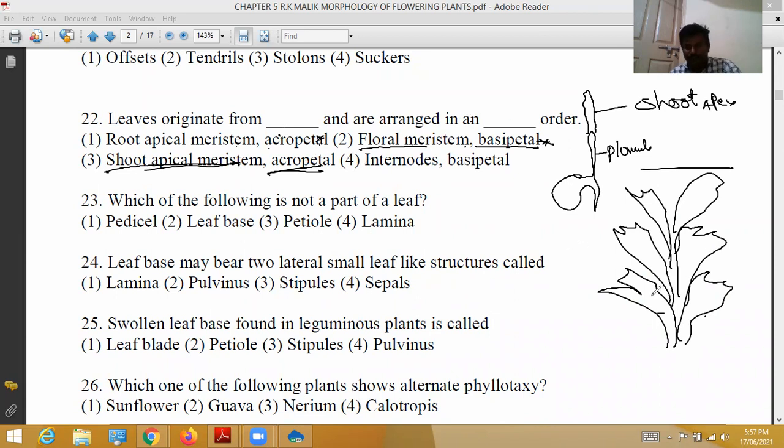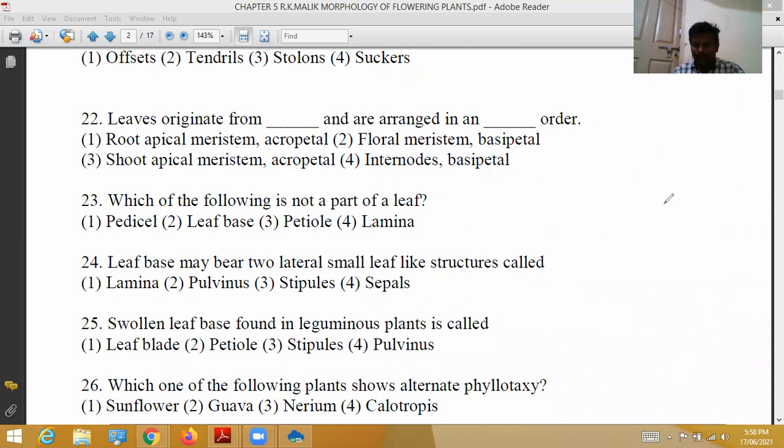That means the old leaves fall off and new leaves are formed. Leaves do not originate from internodes, and they are not arranged in basipetal order. Basipetal means, see here, this is the stem. It forms a leaf. From this, lateral leaves are formed.